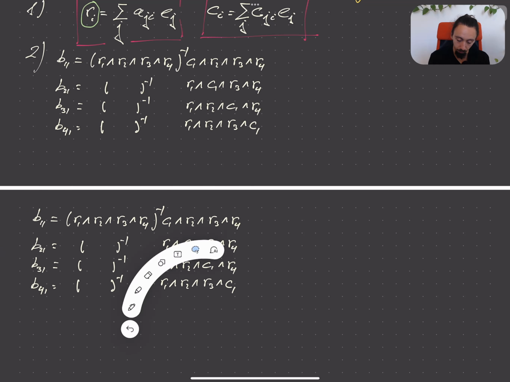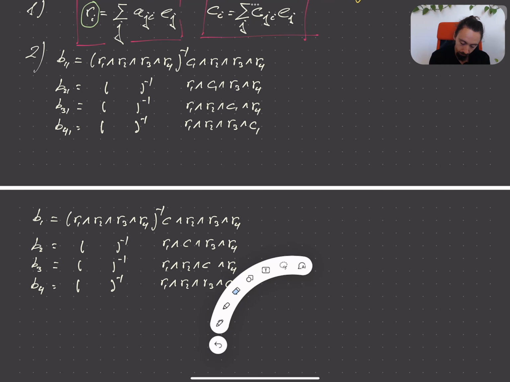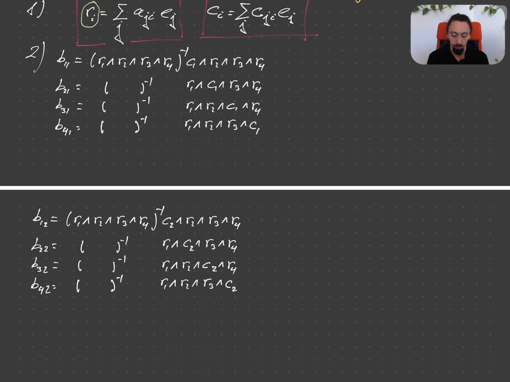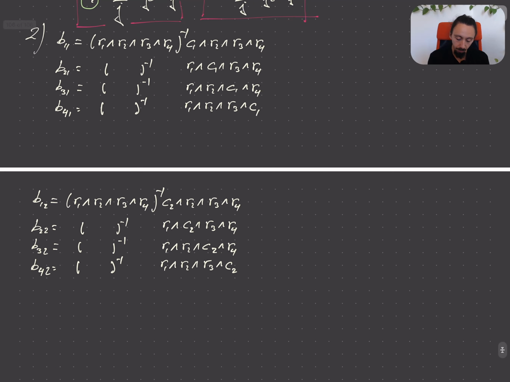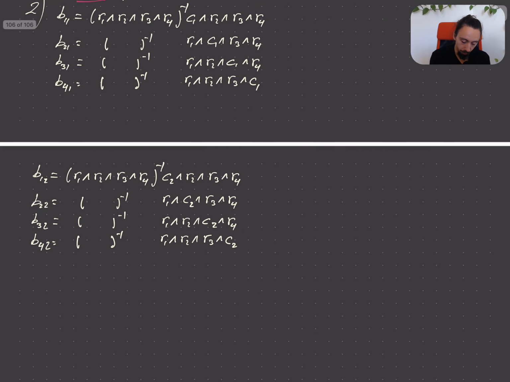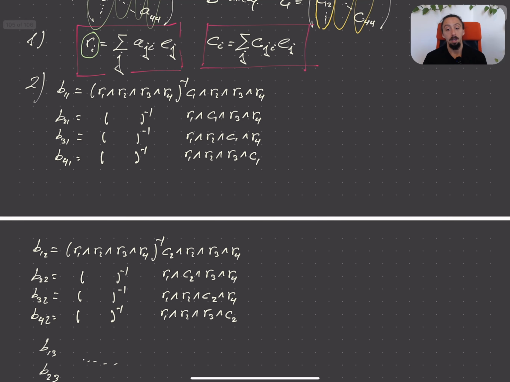Where we had a 1, now we put a 2, and then we switch here a 2. And we get the solution for the second column of B. And so on and so forth for B13, B23. And this is how you solve a system of general equations.